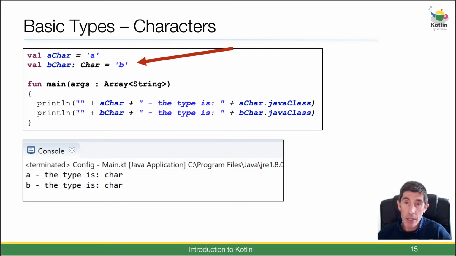We can then put that inside a simple function main, print that out. It's a little println there. There's our a char, our b char. Again, just invoking the .java class. Both characters getting spit out to the console there. So then you can just see it down here. A, the type is char. B, the type is also char. Okay.